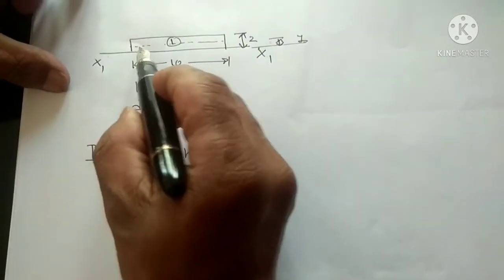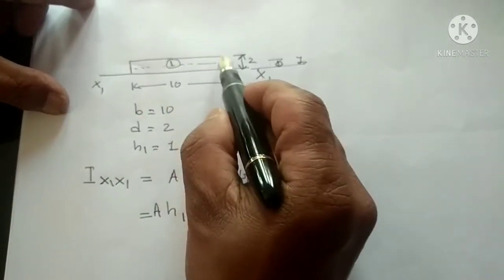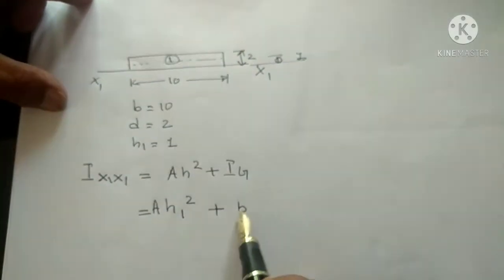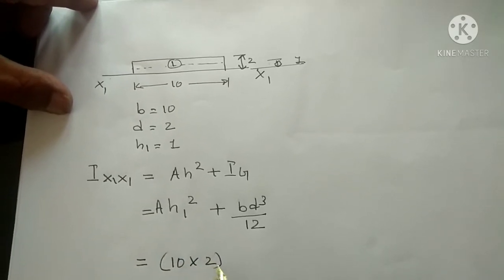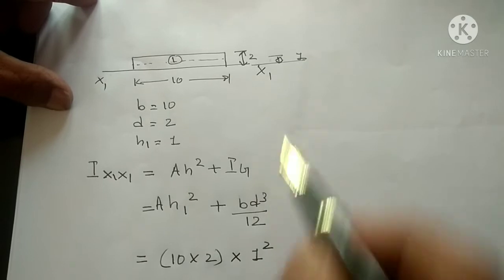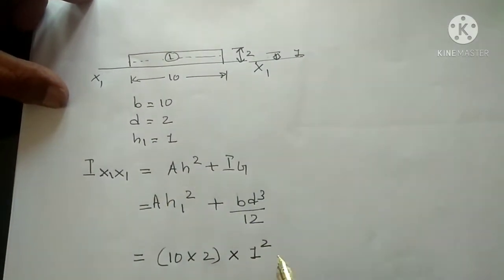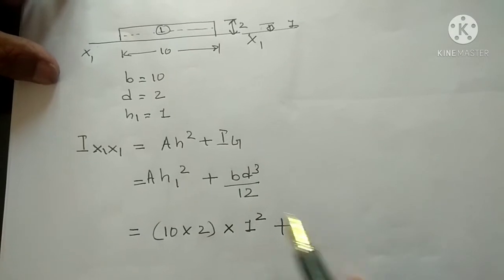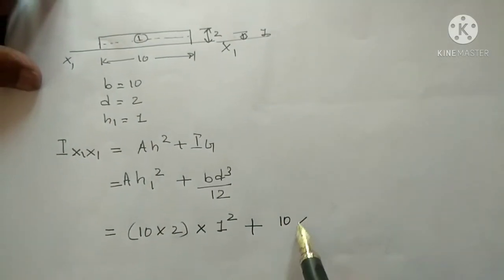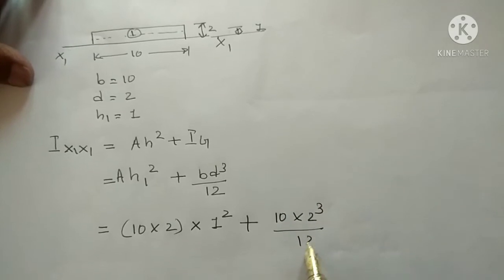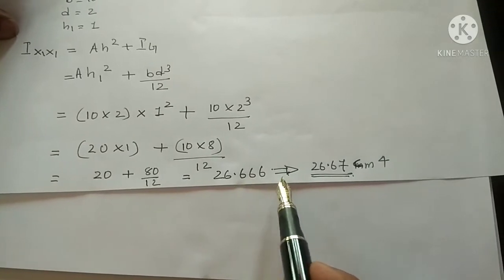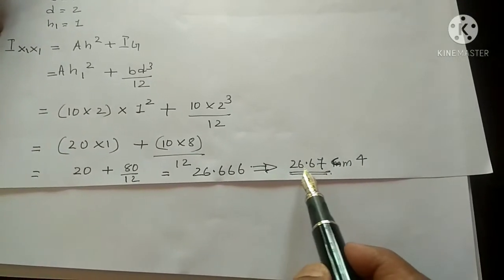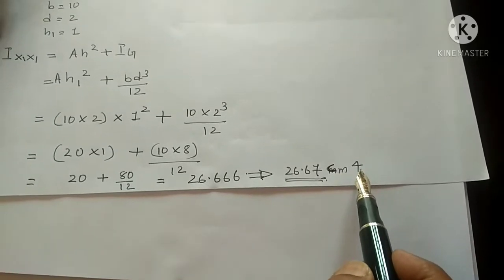What is that IG? That is the moment of inertia of this rectangular section about the horizontal centroidal axis, which is BD cube by 12. So it is 10 into 2, the area, into 1 square, plus 10 into 2 cube divided by 12, which is equal to 26.666. Therefore, it is written as 26.67 centimeter raised to 4.